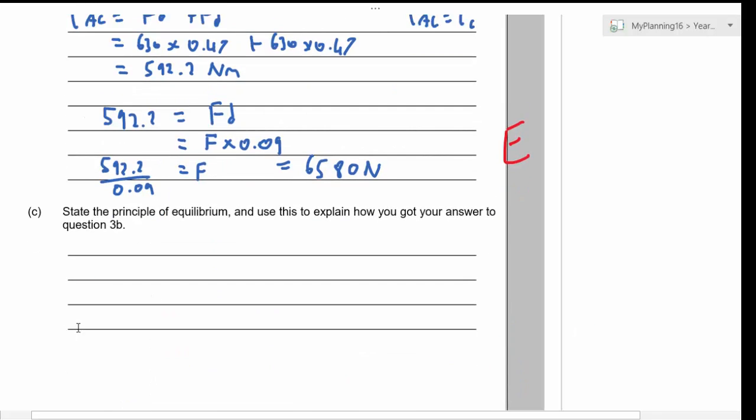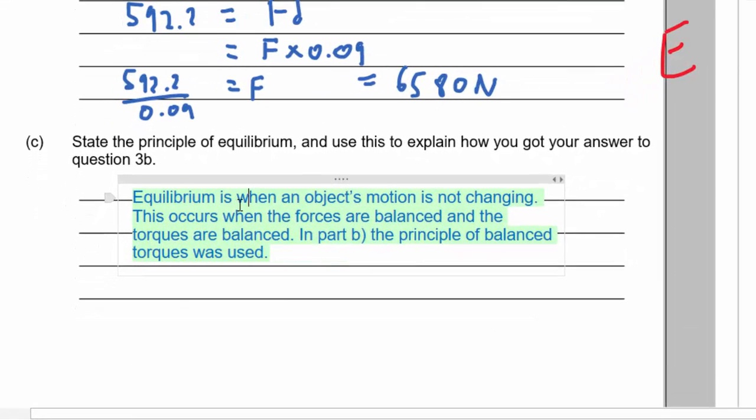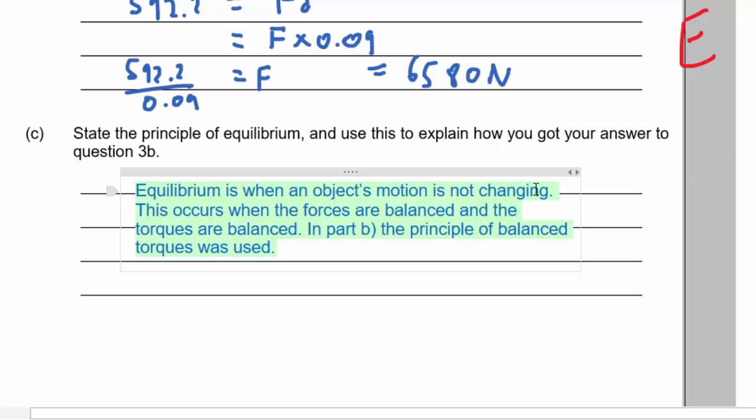State the principle of equilibrium. Use this to explain how you got your answer to question 3b. Equilibrium is when an object's motion is not changing, so it's either travelling at a constant speed or is stationary. This occurs when the forces are balanced. Okay, if you said equal, that is wrong. The forces have to be equal and opposite. It's also when the torques are balanced, so the sum of the torques is 0 and the sum of the forces is 0.